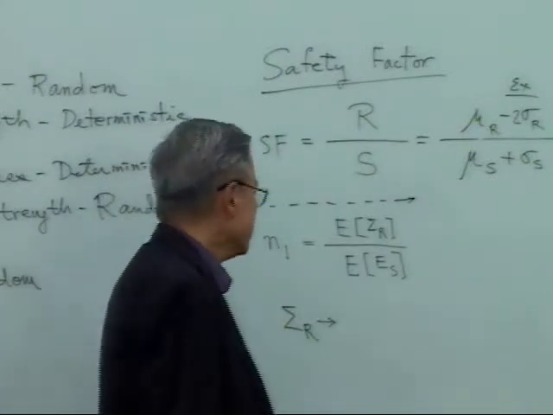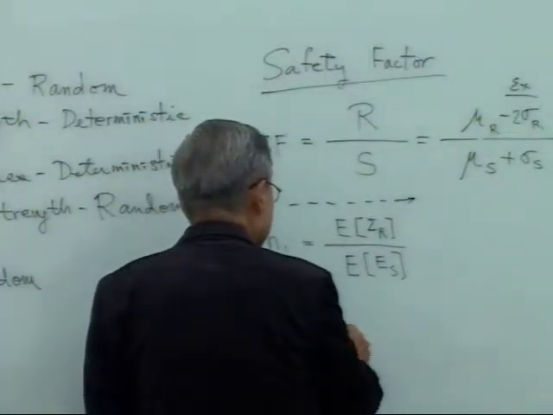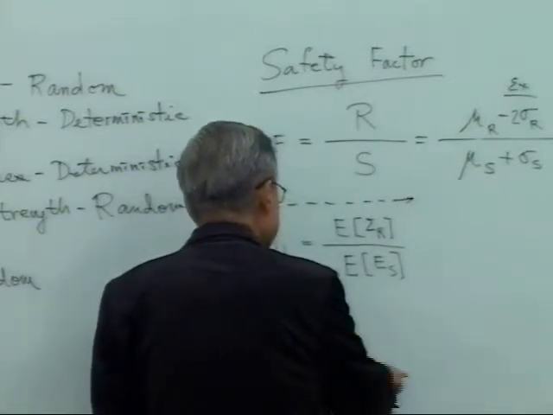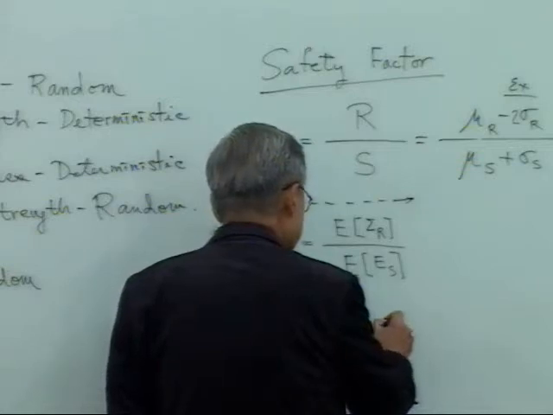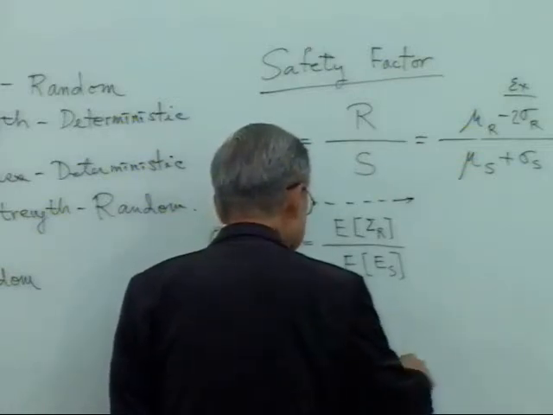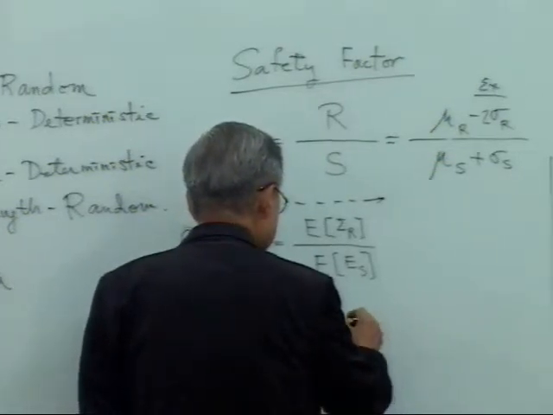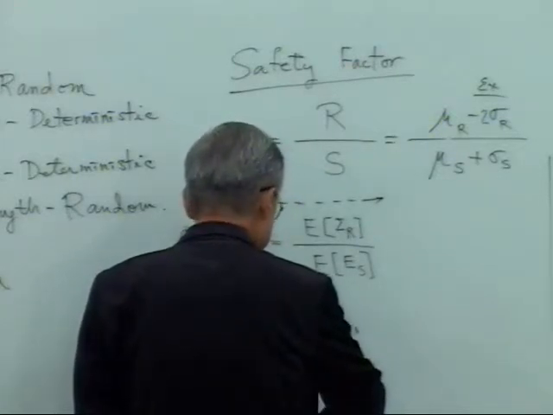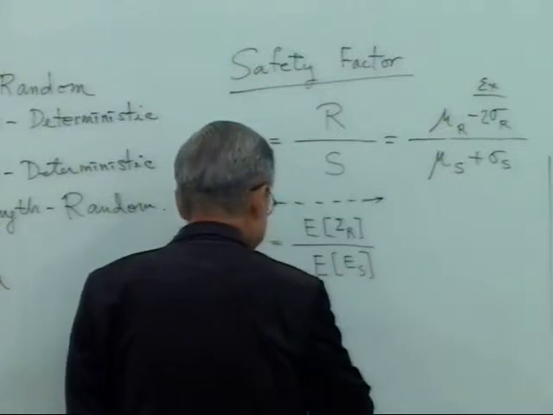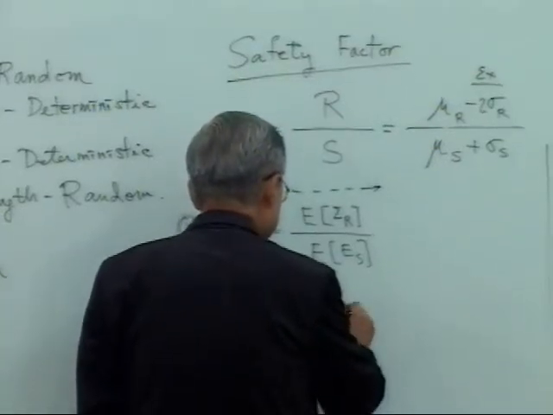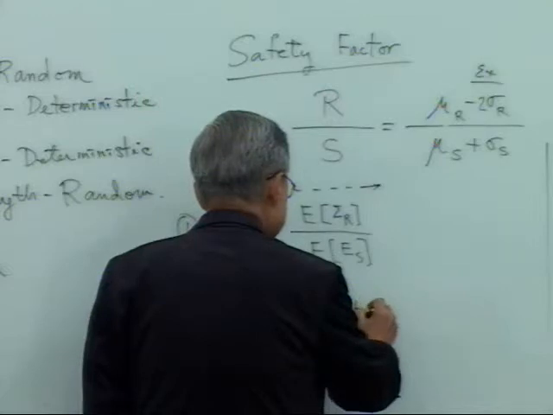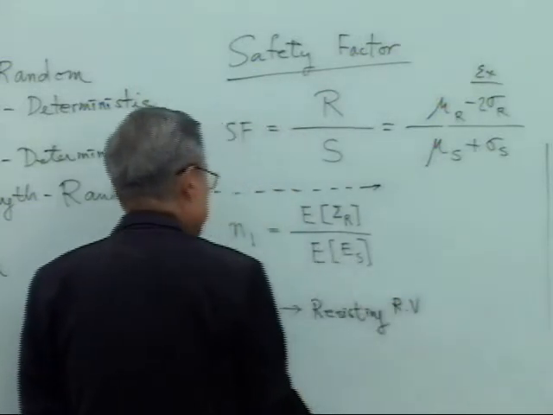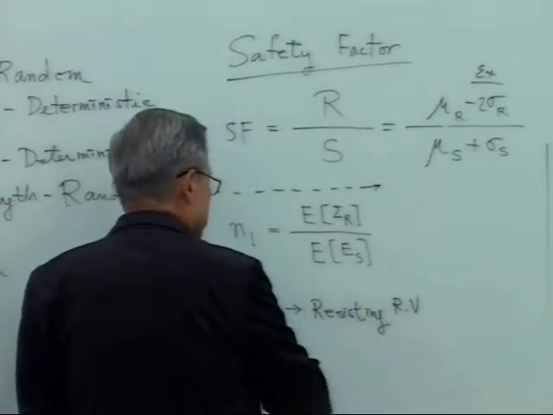Megapascal. So it's the resisting random variable, resisting strength.